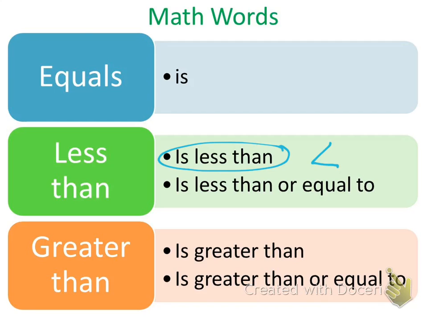So anytime you see is less than, it means the less than sign. When it just says less than, it means subtraction, okay? Is less than or equal to means the less than or equal to sign. Same thing with greater than. Greater than can mean addition, but when it has the word is in front of it, it means the greater than sign. Is greater than or equal to means greater than or equal to, okay?